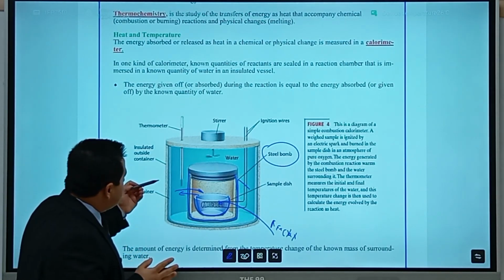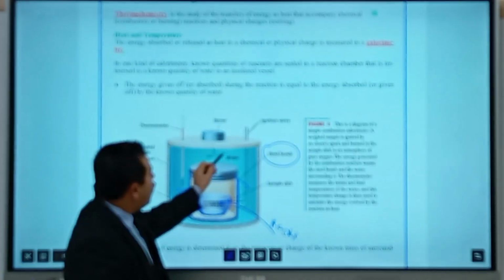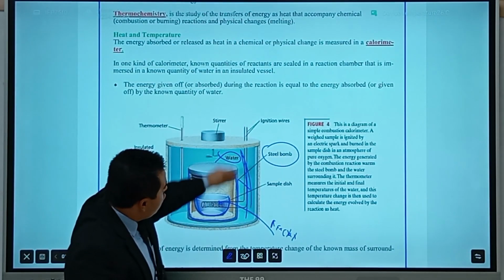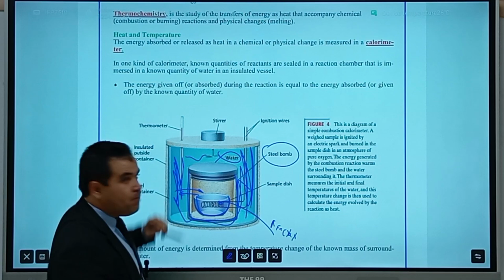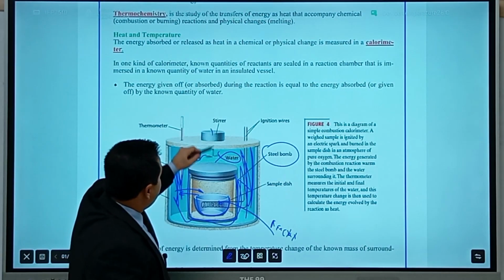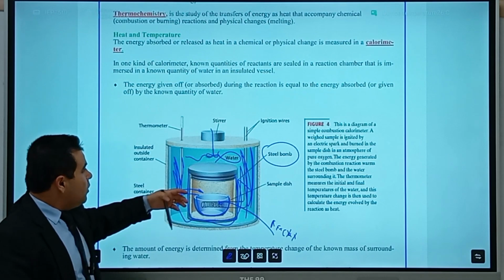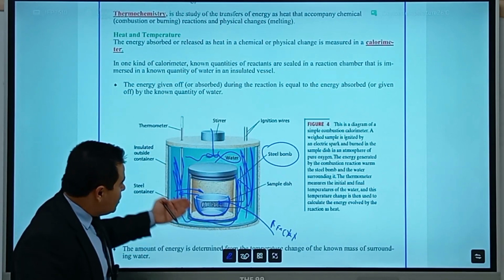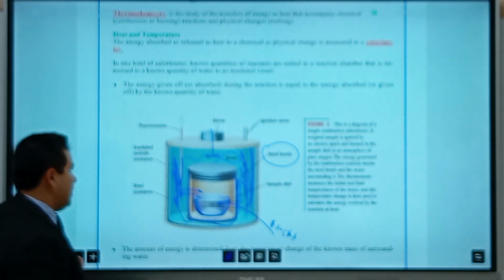Around the sample dish we have water. All around here we have water molecules, and a stirrer continuously stirring this water in order for all sides of the water to have the same temperature or the same heat.